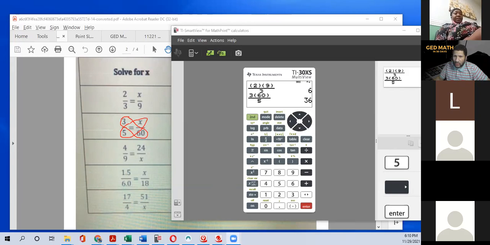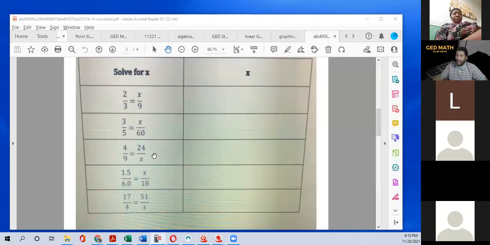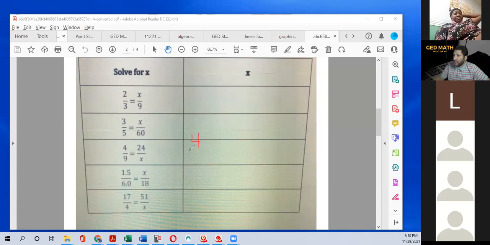Now, I had a student who sent me an email about this third one here, I think it is. Again, it's the same setup. 4/9 is equal to 24 over x. Remember, it's the same method every single time. This one is a little different, but you have to know what you're given.